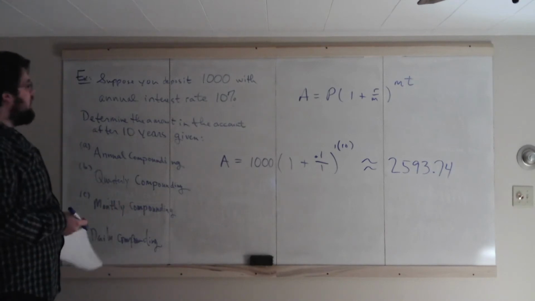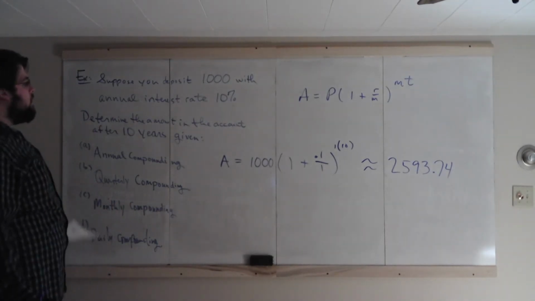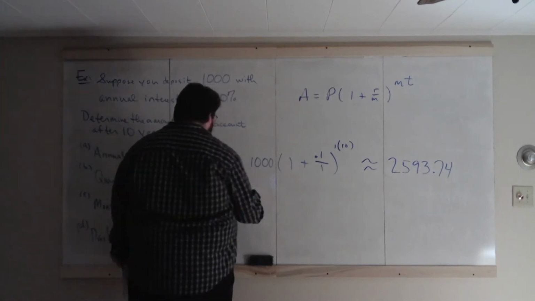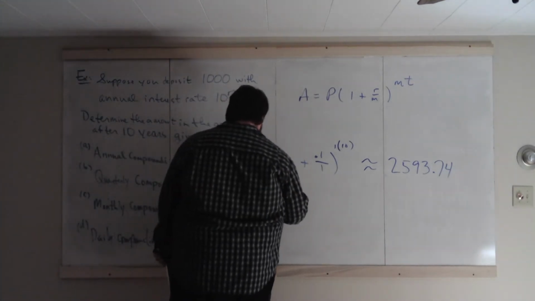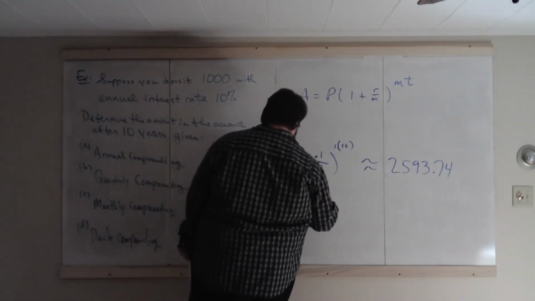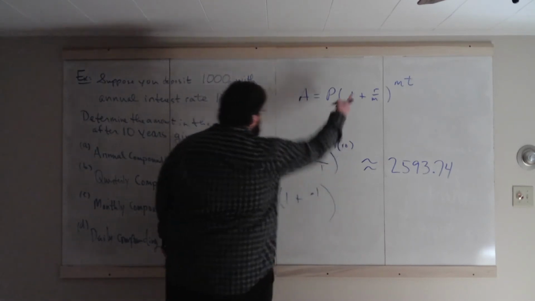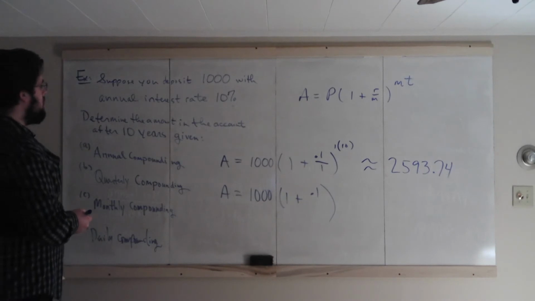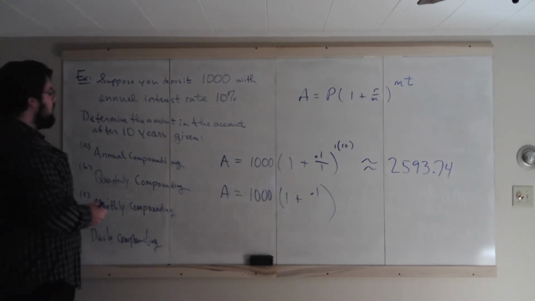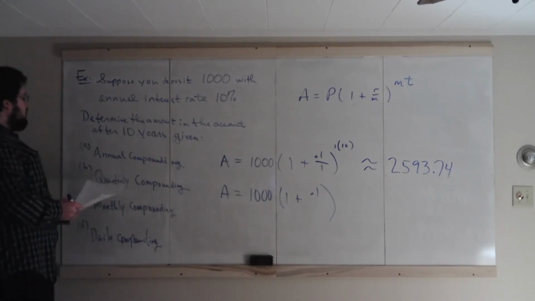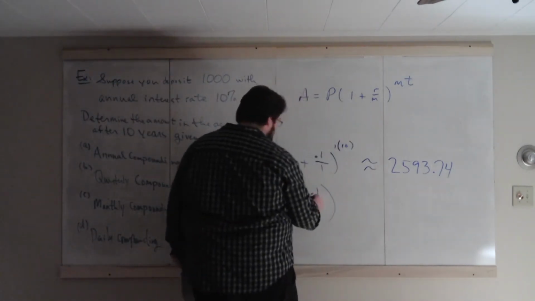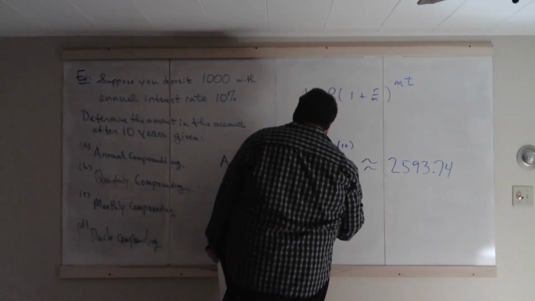Okay, quarterly compounding. Well, P, R, and T are the same. So A still equals 1,000 times 1 plus the rate is 0.1. This formula, for any of these, assumes R is 0.1. It assumes R is annual. Quarterly compounding means it's compounded 4 times a year, which means M equals 4.